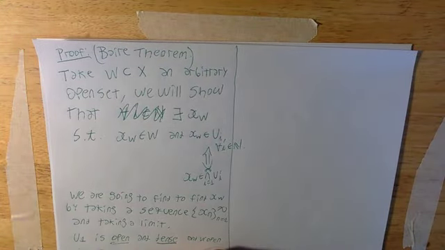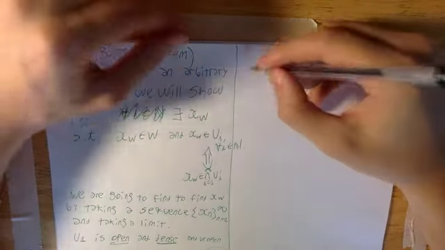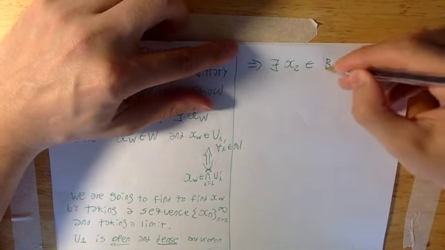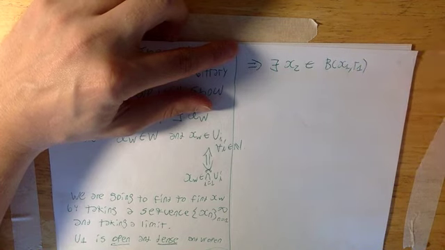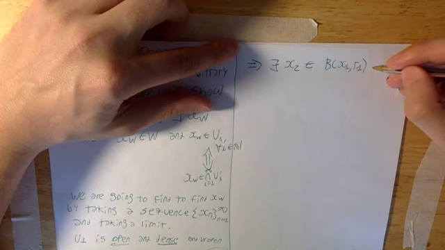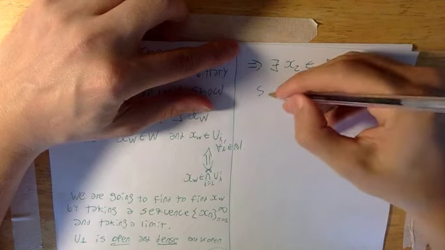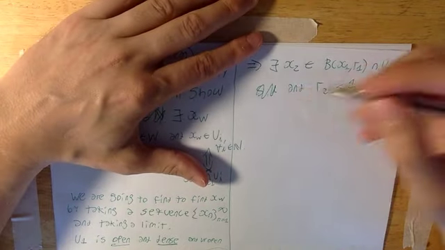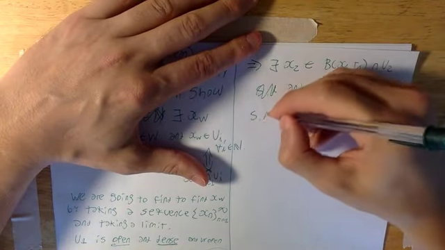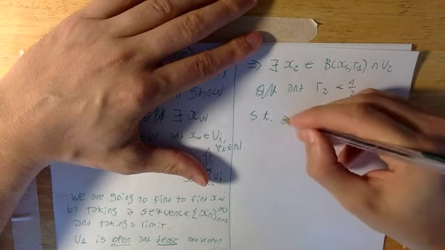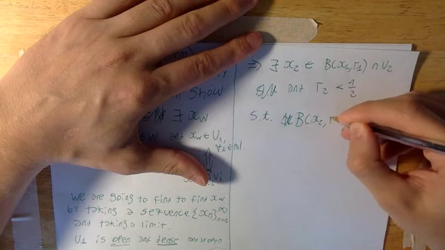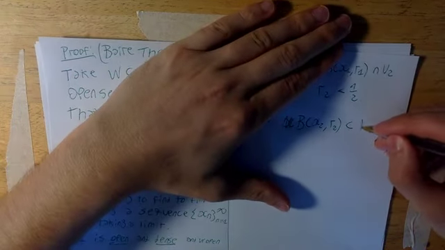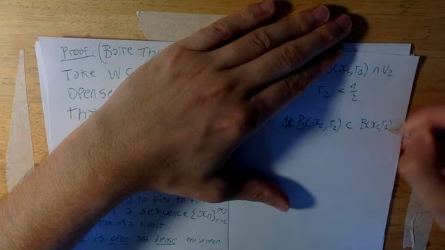Hence, there exists x2 in B of x1 R1 intersection U2, and R2, which in this case we are going to ask to be less than 1/2, such that the ball centered at x2 of radius R2 is contained in the ball of x1 radius R1 intersection U2.